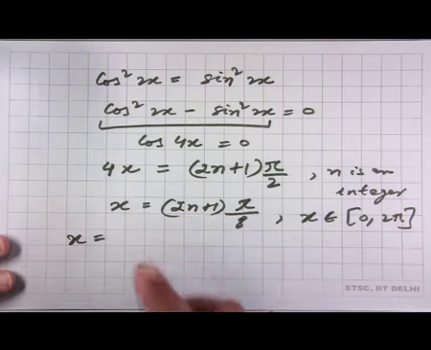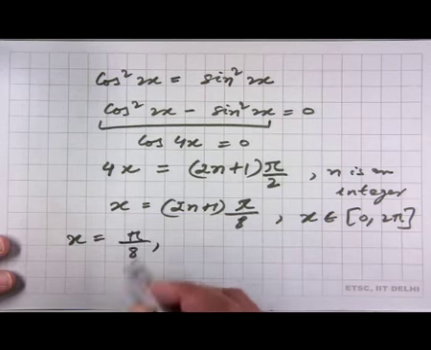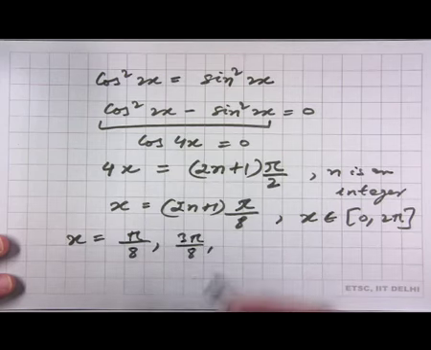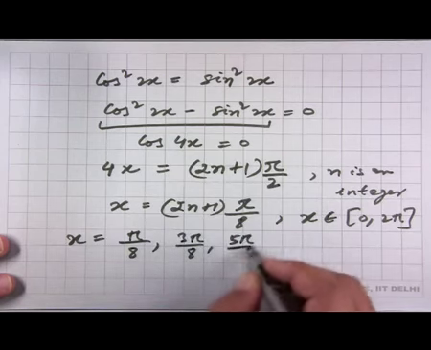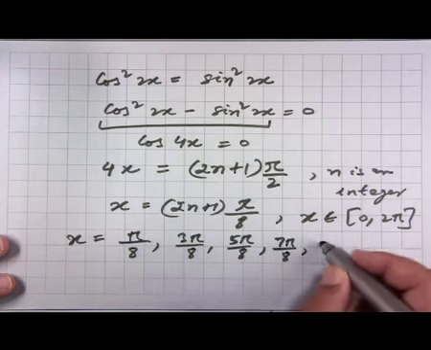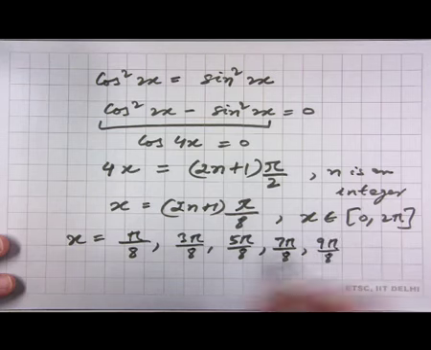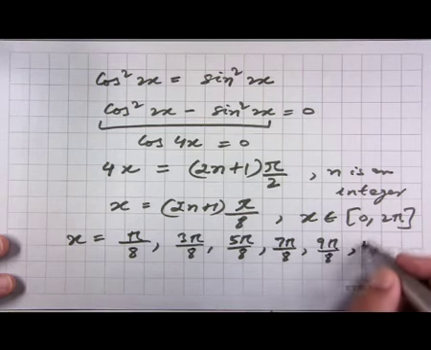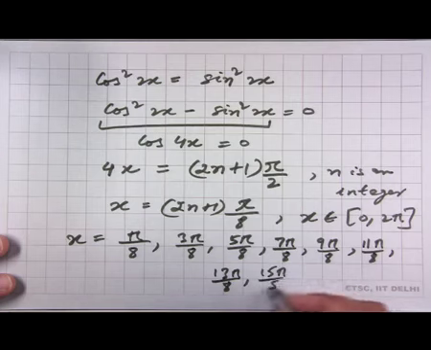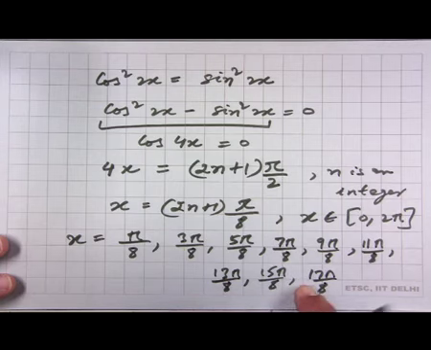So, with n equal to 0, the first solution is pi by 8, and then with n equal to 1, the second solution is 3 pi by 8, n equal to 2, we have 5 pi by 8 and then 7 pi by 8 followed by, so all the odd multiples of pi by 8, 11 pi by 8, 13 pi by 8, 15 pi by 8, but we can't go beyond because the next is 17 pi by 8 and 17 pi by 8 is more than 2 pi.